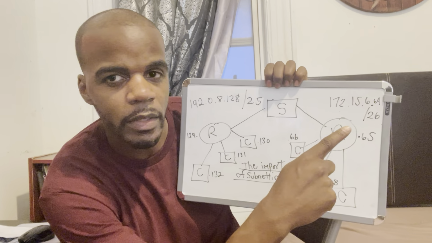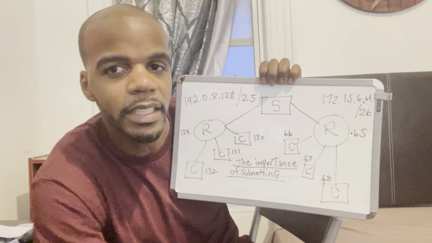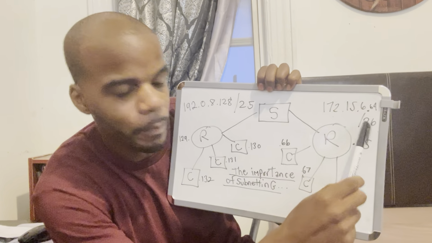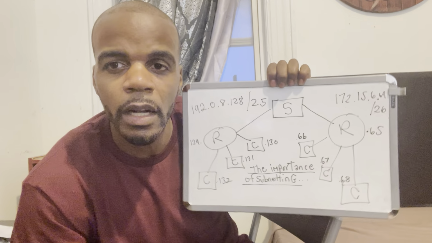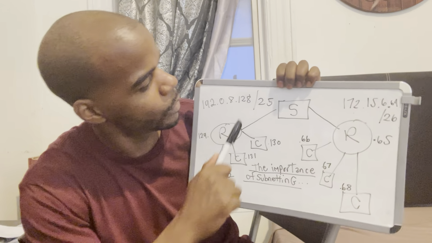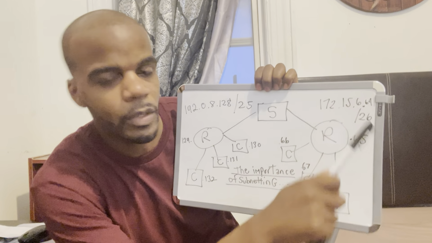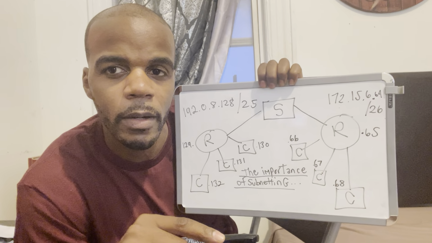Now, I'm going to go to my other side right here. 172.15.6.64. This one is a /26. Now, remember when we counted our block sizes earlier? 128 was this one. Now, a /26 is a block size of 64.